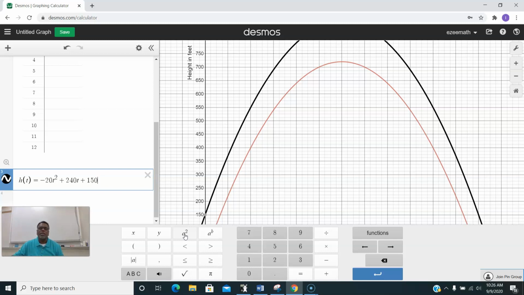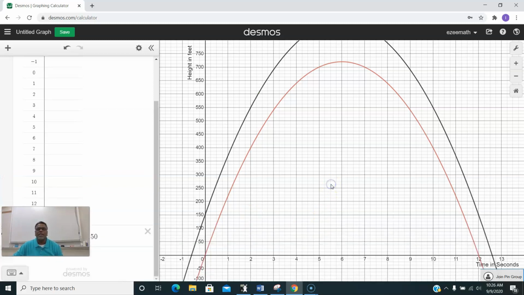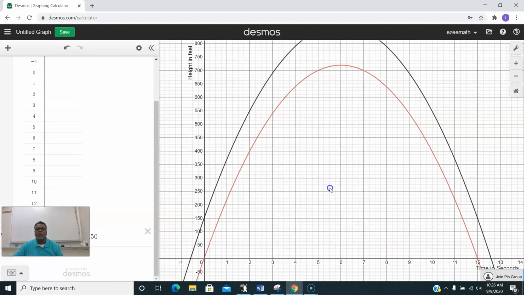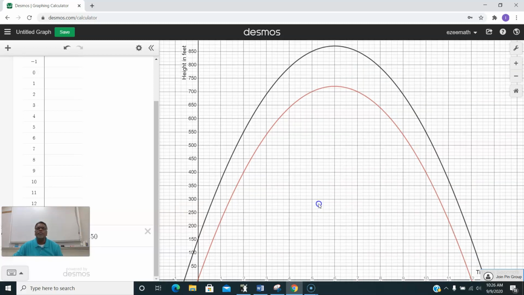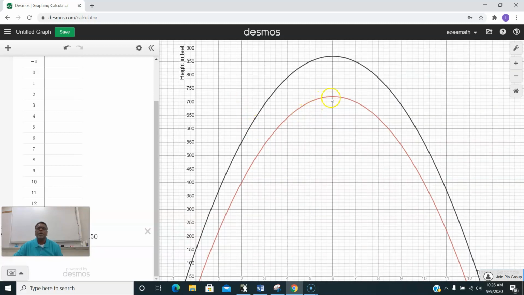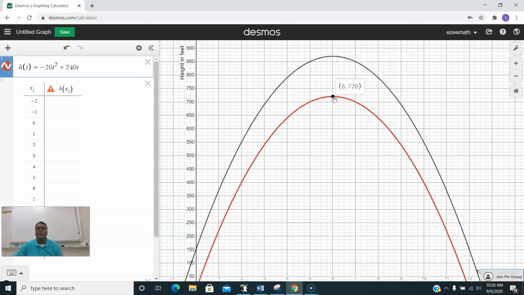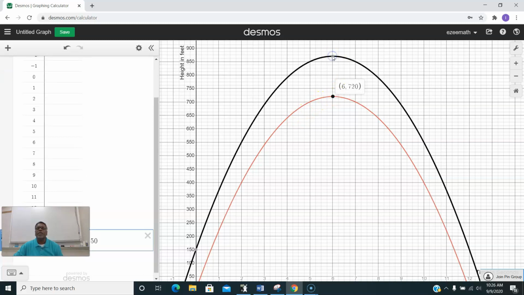So now the graph, the scenario changed a little bit, not much, but now see what happened to the whole thing here. The maximum height, instead of the previous 720, now went up by 150 to 870 feet, and you can see the difference reflected over there.